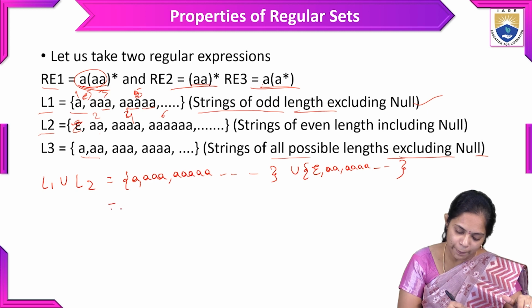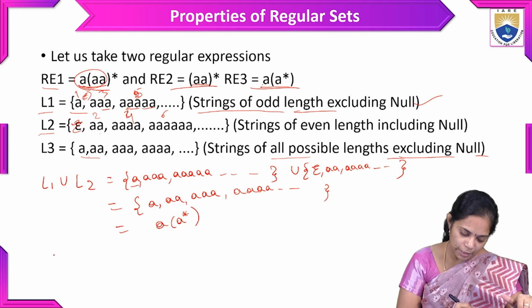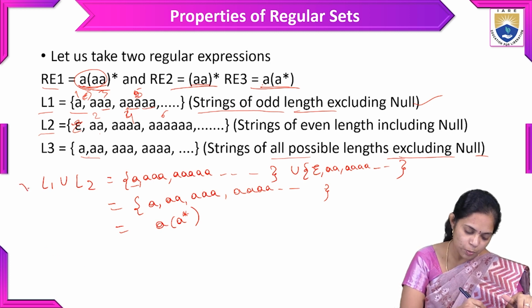And here if you combine both, we will get A, and 4 times A and so on. So this is represented as A whole star. And this is the first property.